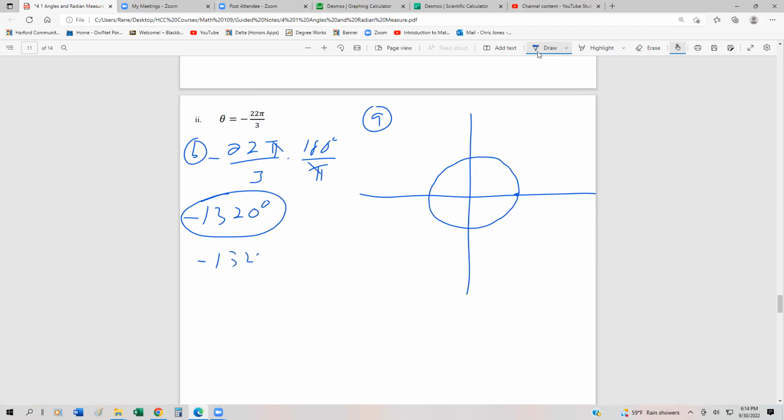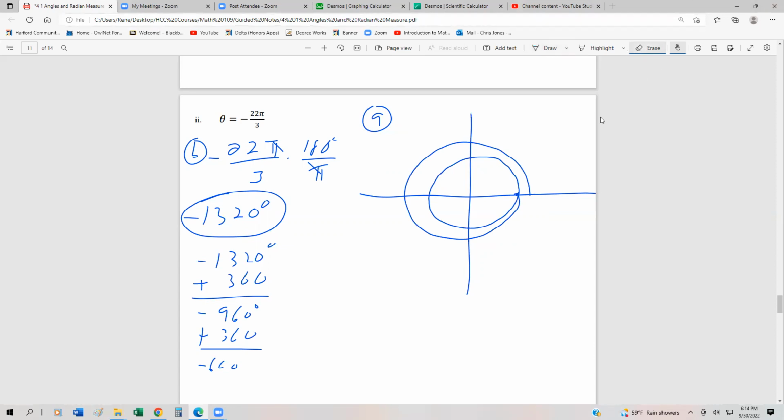So we have negative 1320 plus 360, and that's going to give us negative 960. Then we're going to add another 360 to that, and that should give us negative 600 degrees. So just add another 360. That's another one.